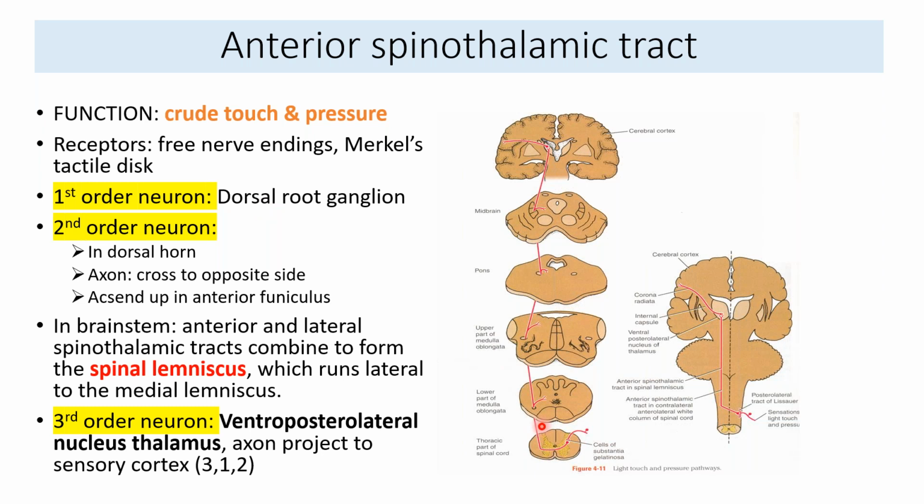The second order neuron will be at the spinal cord level, and they are going to decussate in a similar fashion and ascend, but in the anterior funiculus. The lateral one ascended in the lateral funiculus, but the anterior one, this is the only difference, ascends into the anterior funiculus, joins the spinal lemniscus and relays in the ventro-posterolateral nucleus, right?